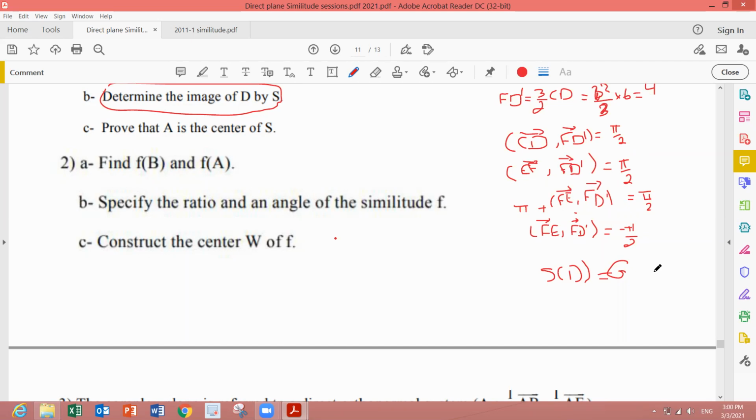Part C. Did you finish writing? Yes. Okay. Prove that A is the center.